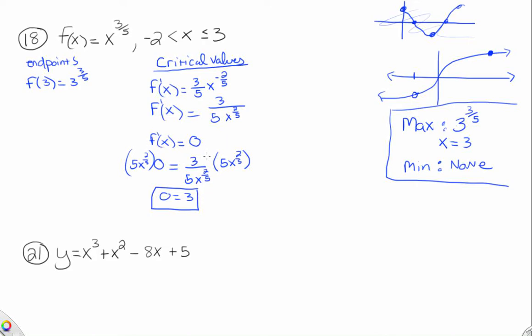So that is out, but we also need to consider the other part of the critical values, and that is, when is the derivative undefined? And this time, if I take a close look at the derivative, I see that as a function, it's going to be undefined whenever the denominator equals 0, because I can't divide by 0. We also have a root here.